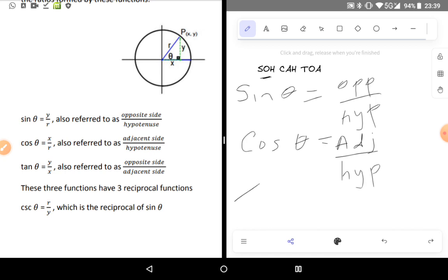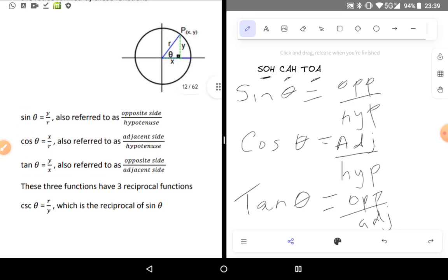Likewise, we have for that tan, which we are looking for tan of theta, which is equal to O, which is opposite, over adjacent. So this is the basic formula for SOHCAHTOA, just like what we have here.